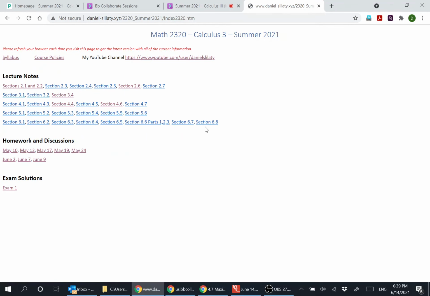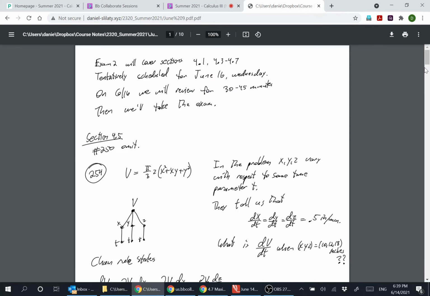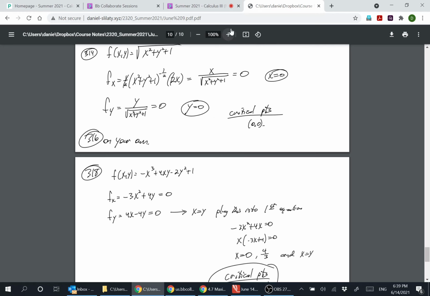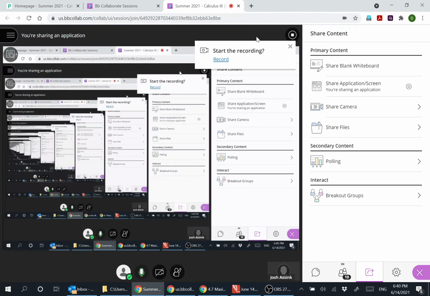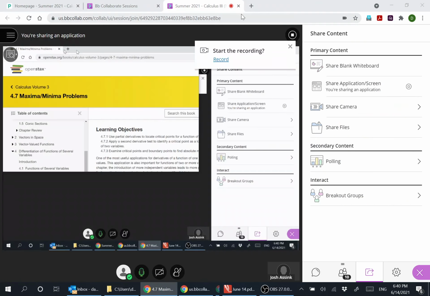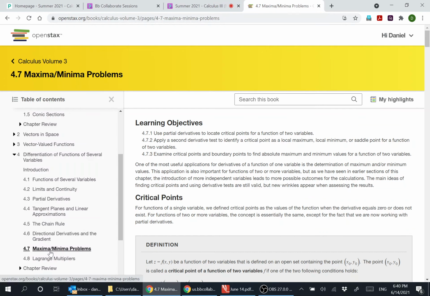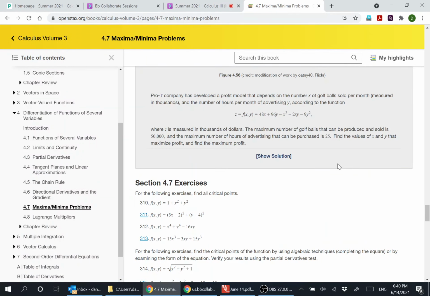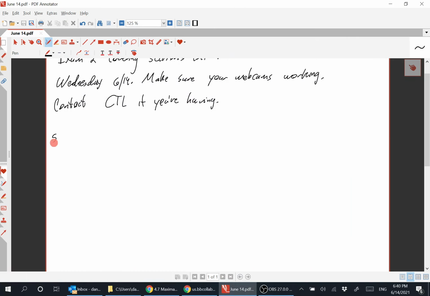Up to problem 318. So next will be problem 322. So section 4.7, number 322.